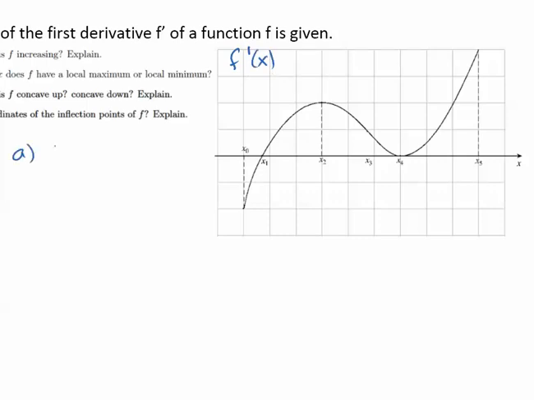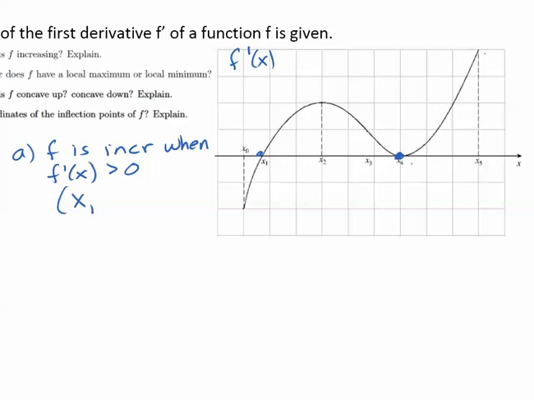So for question A, f is increasing when f prime of x is greater than 0. So that would be on the interval from x1. And here's where you can do closed endpoints if you wish. x1 to x4, we have a derivative of 0, but then it's positive again.